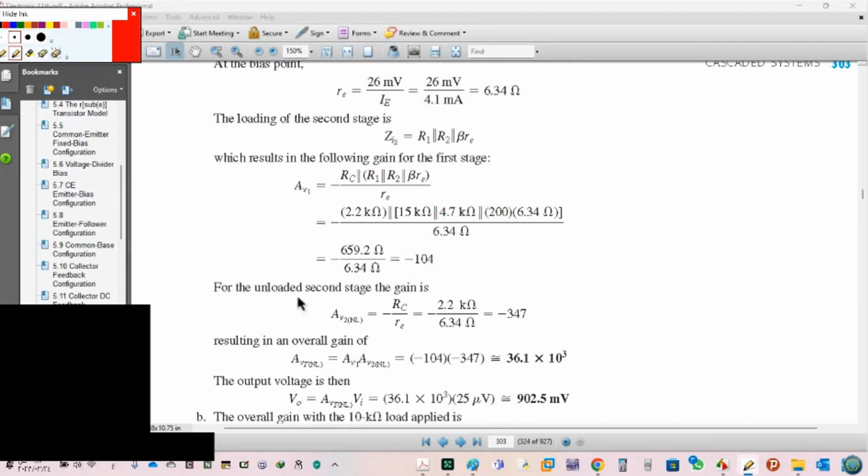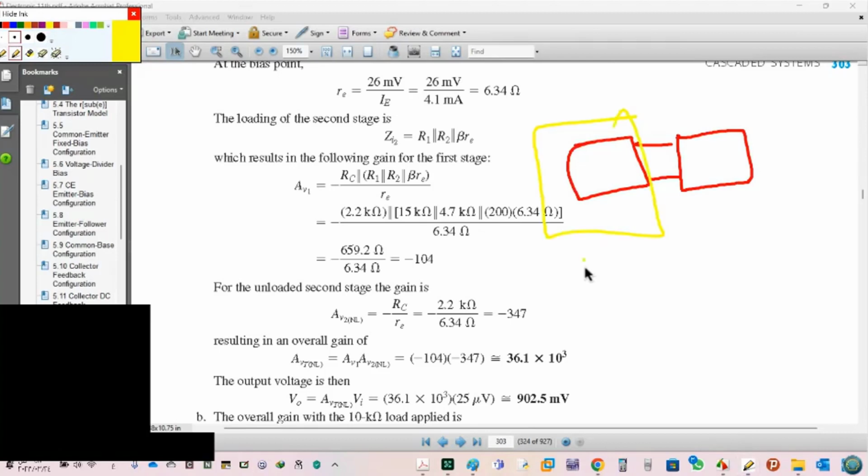For the unloaded second stage, it is just minus RC over RE. So for the first one and the second one: the first one is AV1 loaded, because here we have another stage. For the second one, we don't have any load, so AV2 unloaded.